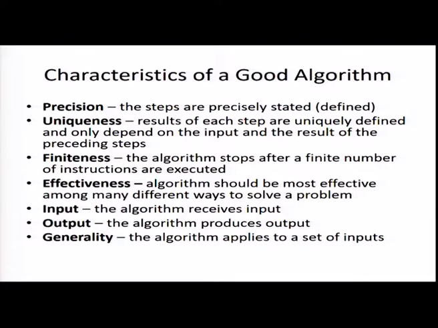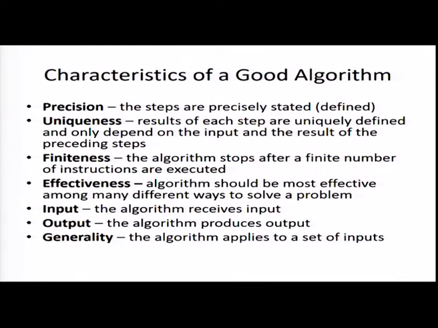Next, let us see the characteristics of writing a good algorithm. Whenever we are going to write anything, it should look good and have good characteristics. The first characteristic is precision. What do you mean by precision?